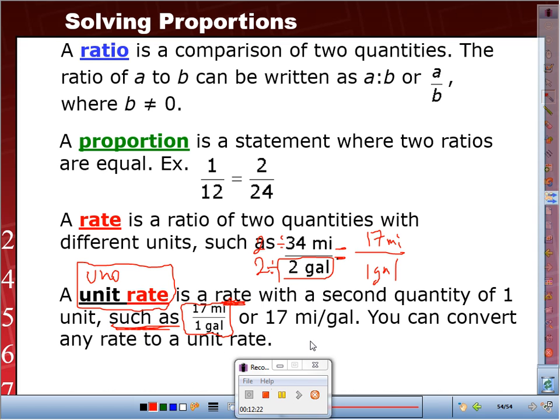And for the definition, just write: written to lowest terms, and I'll just leave it at that. But just remember that one of the measures has to be to the 1 unit. That's why it's called unit rate, or uno.